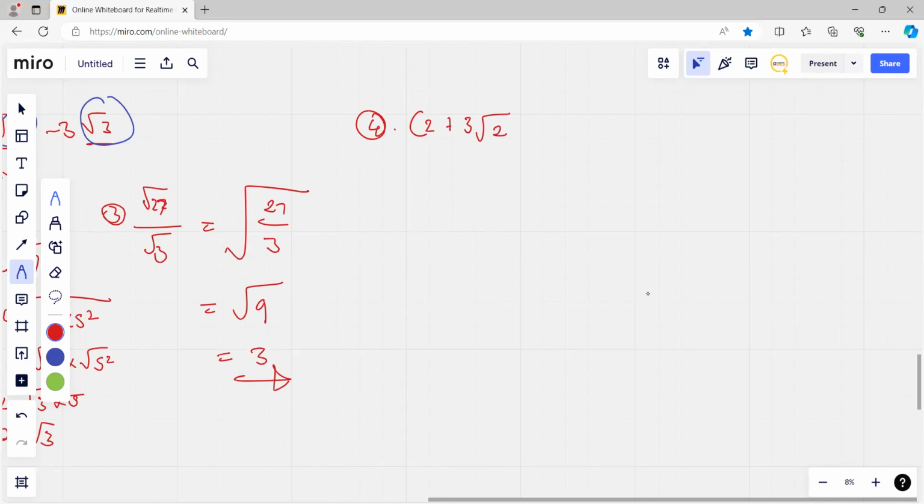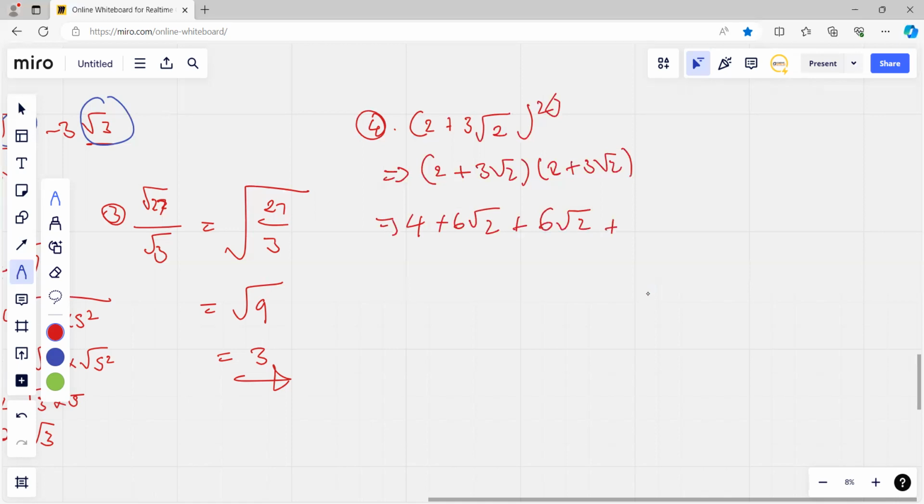This thing can be factorized like 2 plus 3 root of 2 times 2 plus 3 root of 2, because this squared just means we have two of the same multiplied together. Then 2 multiplied by 2 will be 4. Then 2 multiplied by 3 root of 2 will be plus 6 root of 2, plus 3 root of 2 multiplied by 2 will be 6 root of 2, plus 3 root of 2 multiplied by 3 root of 2 is equivalent to 18.